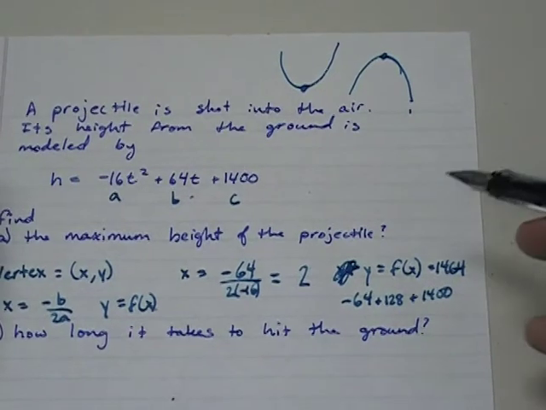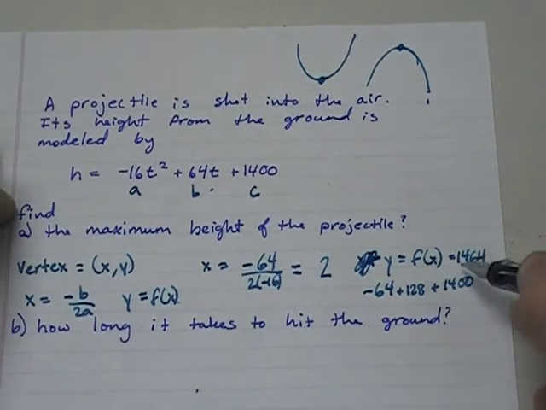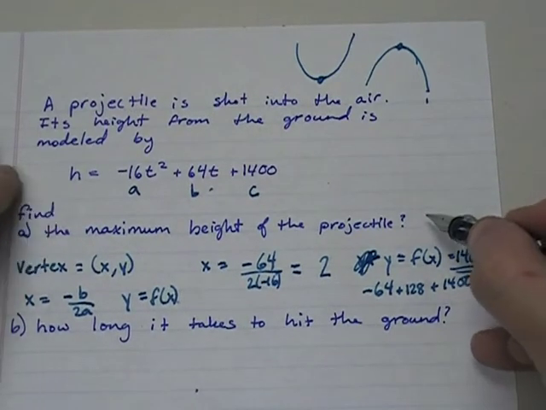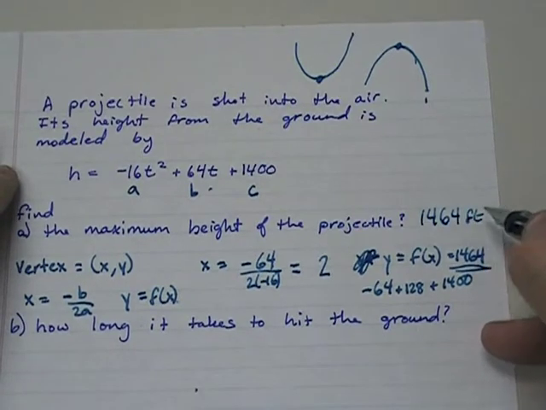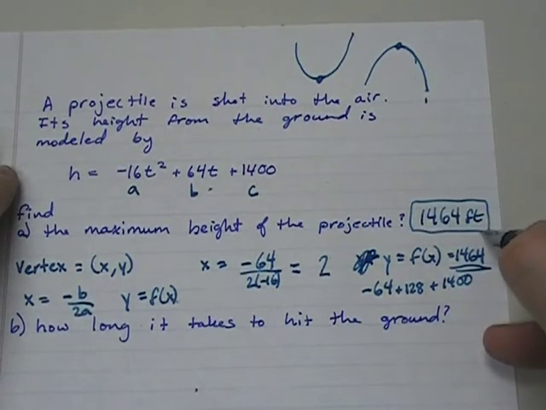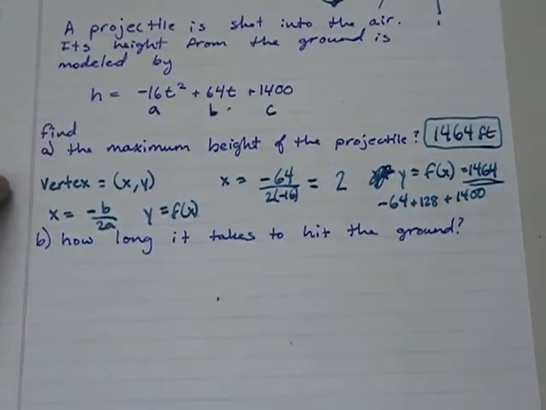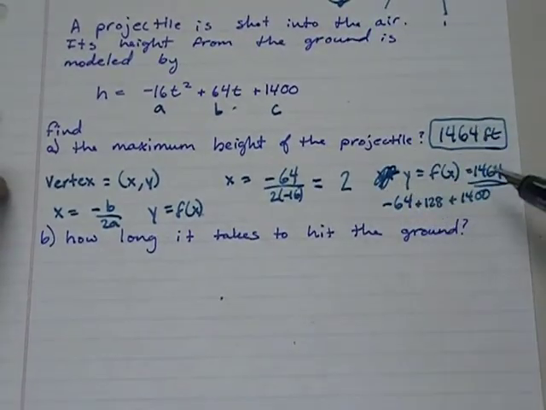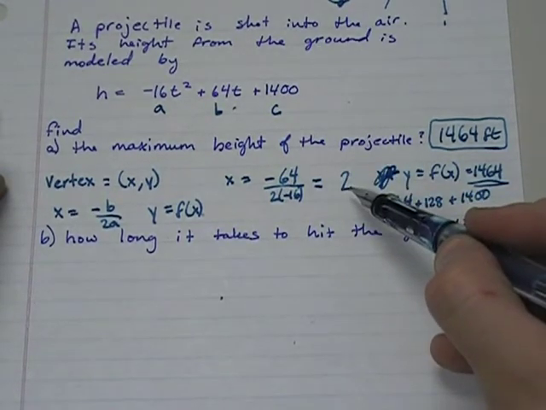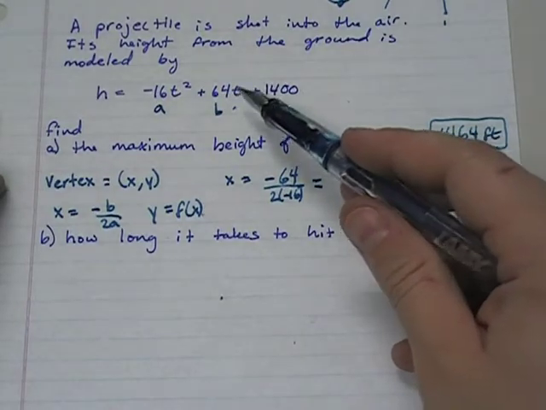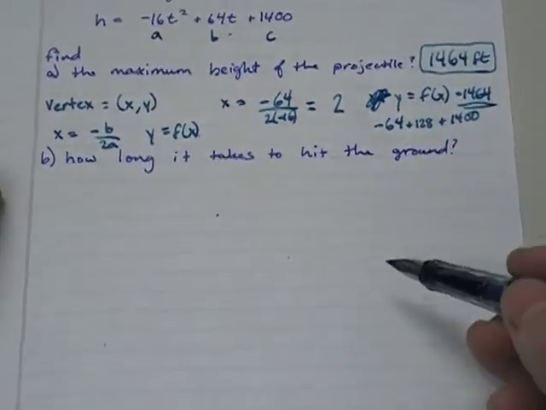Well, what did they ask for in this question? They asked for the height, which would be the y-coordinate. So the answer is 1464 feet. And if I ask you, how long did it take to reach the maximum height? That answer would be 2 seconds, because that's our x-coordinate here, or in this case t.